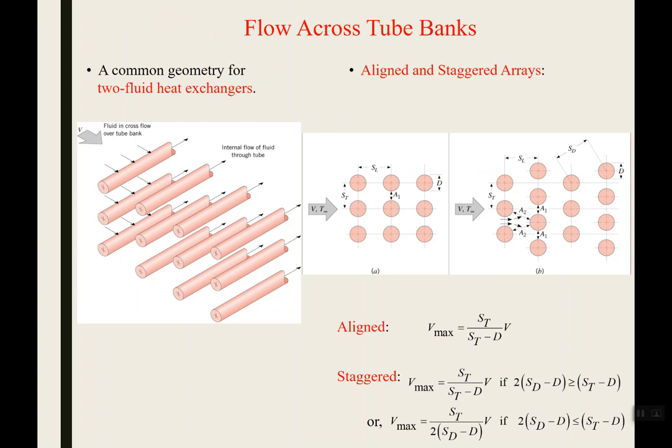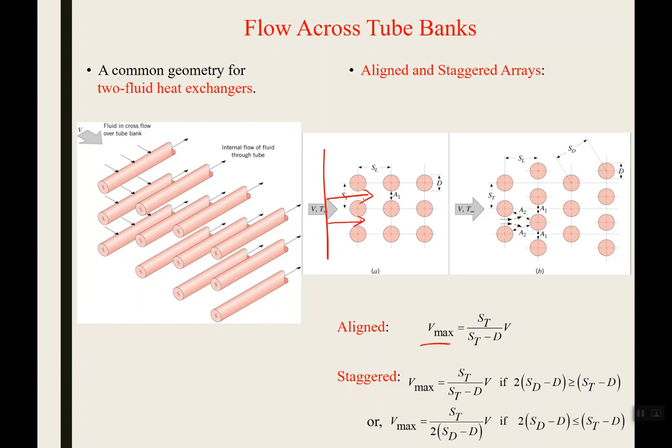Another instance, instead of having flow around a single cylinder, is flow through a whole bank of cylinders or tubes, in which case you need to pay attention to the interstitial velocity, which is this V max. If you have a uniform velocity, when it encounters this bank of tubes, that flow is going to have to squeeze through the individual tubes.